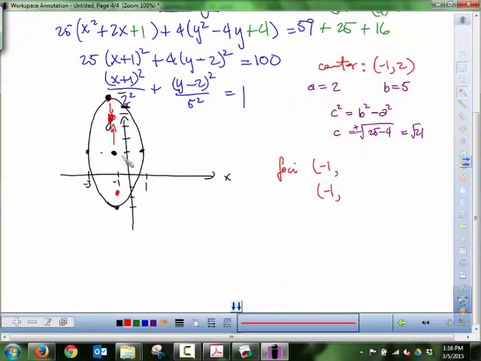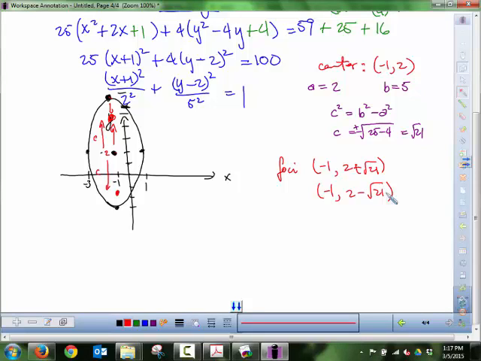So it'll be from the center, which is 2. And then this measures a distance of c, and then another distance of c. So 2 plus square root of 21, and then 2 minus square root of 21. So that's the foci.